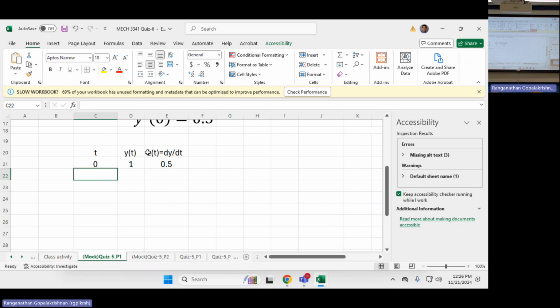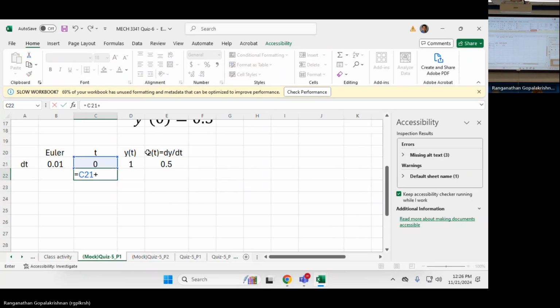So first we are going to do only the Euler method. We are using a dt of 0.01. So I'll calculate the time: this is current plus dt. What is the function we use?